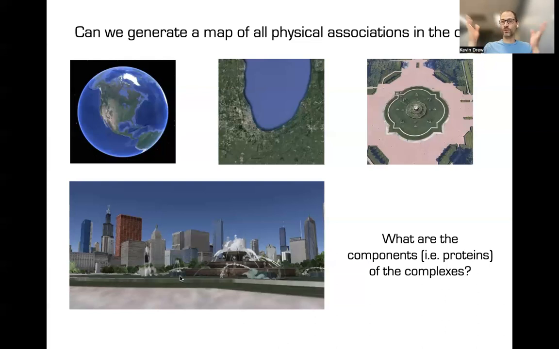So this is the dream. This is the grand goal of what we want to achieve, this kind of Google Maps for the cell. But to achieve this, we need to answer some basic fundamental questions. And in particular, what are all the components of these biological entities? And in particular, what are all these proteins that are making up these protein complexes, these entities?